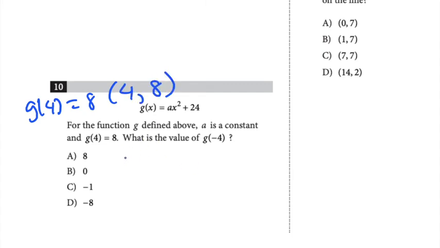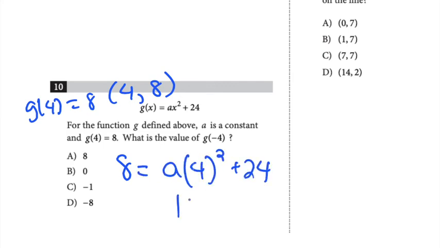We know g of x, so 8 is equal to a times 4 squared plus 24, so 16a plus 24 is equal to 8.